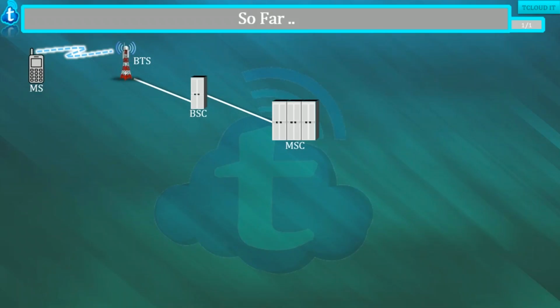Otherwise, MSC need not come into play. So that's the basic idea. There is a segregation. Radio resource related things will be dealt with by these components, and MSC is going to deal with service requests.